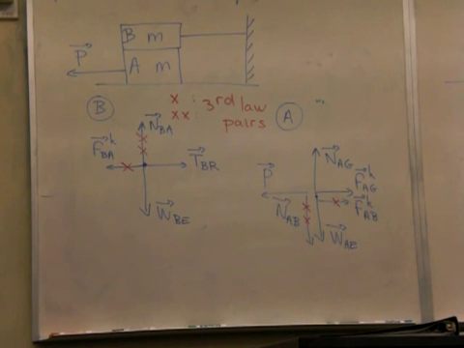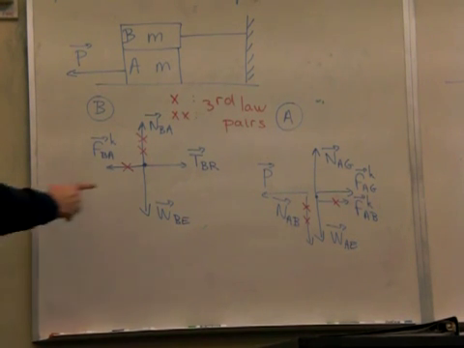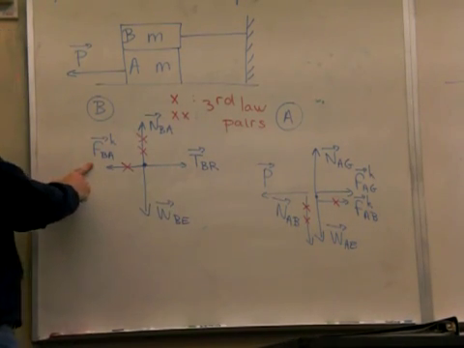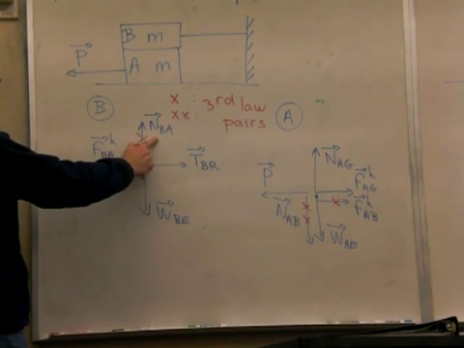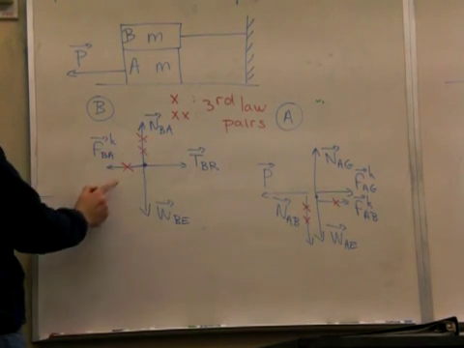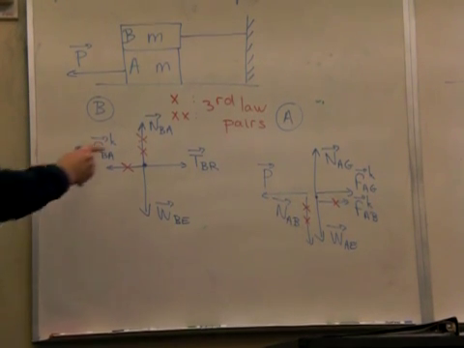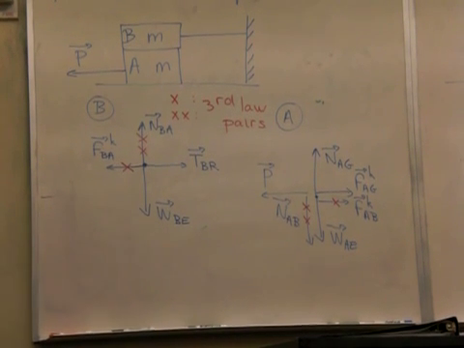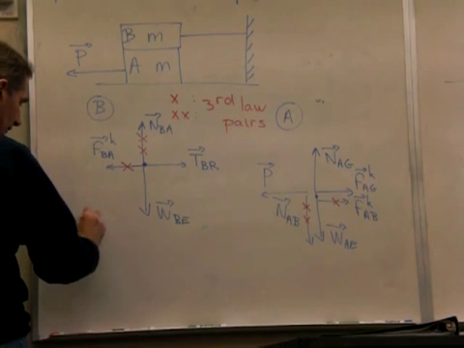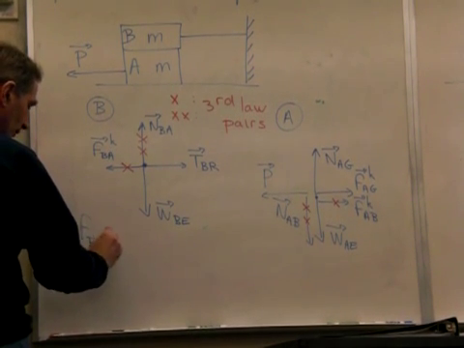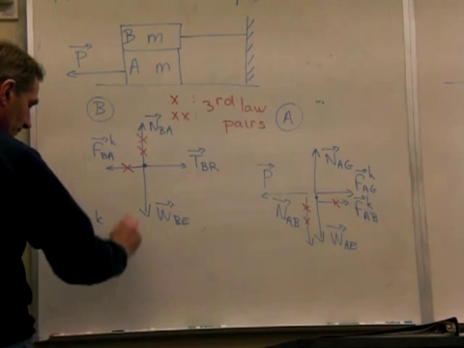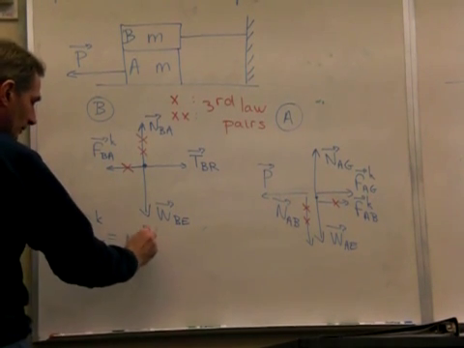Okay, so what does it mean for the forces? That the summation of the forces equals 0. Exactly. So we can say that the tension is going to be equal to the force of friction. The weight is going to be equal to the normal. There's something else we can say here. What relationship do we have between two forces on this free body diagram? Friction is proportional to the normal force. Exactly. So we can say that F BA is equal to mu times N BA.